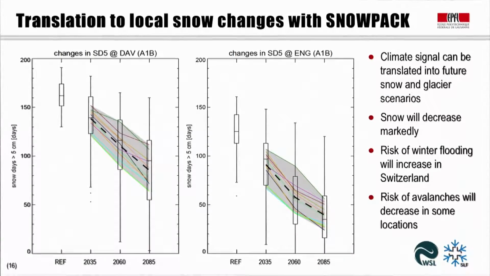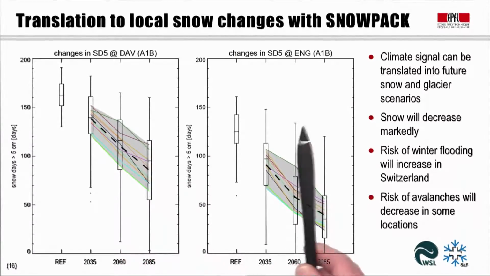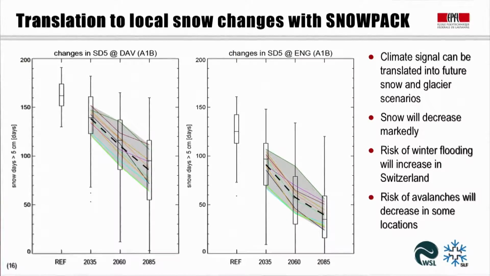Therefore, we again combine the climate model result with our snow models to predict what the snow cover will look like in the future. On this slide, you can see for two selected stations in the Swiss Alps, Davos and Engelberg, how we predict that the snow will diminish.